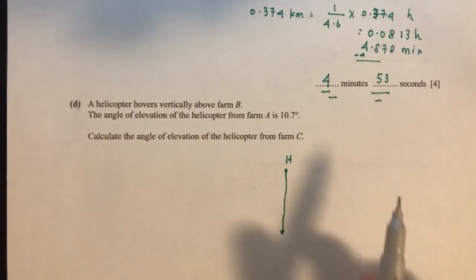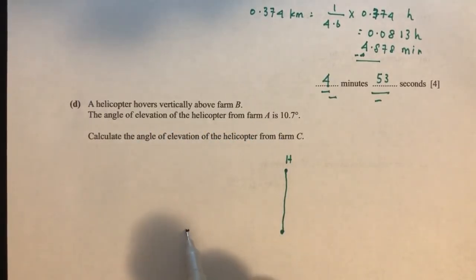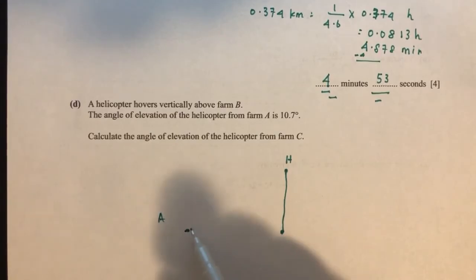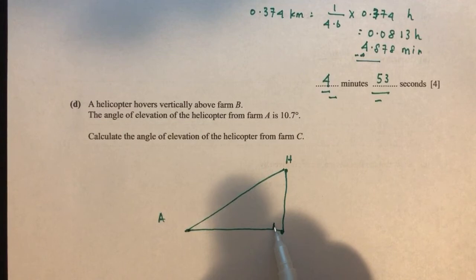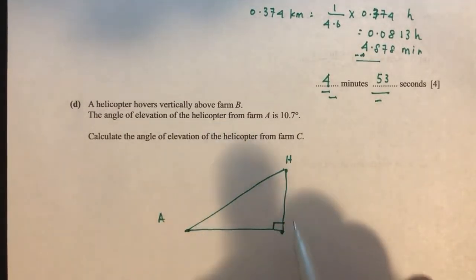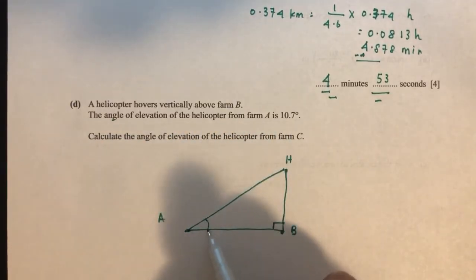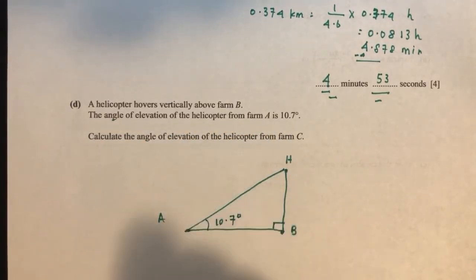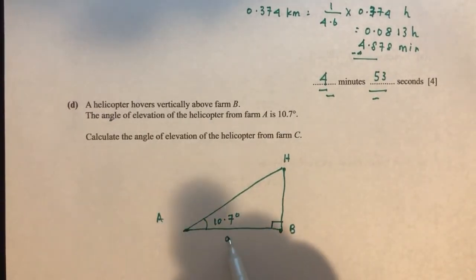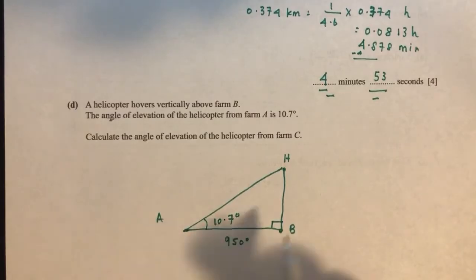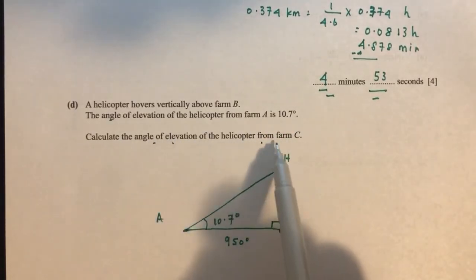The angle of elevation of the helicopter from A, so let's say A is here, this will be 90 degrees because it is vertically above the point B. It says the angle of elevation is 10.7. The length of AB is given to us as 950. The question is to calculate the angle of elevation of the helicopter from C.